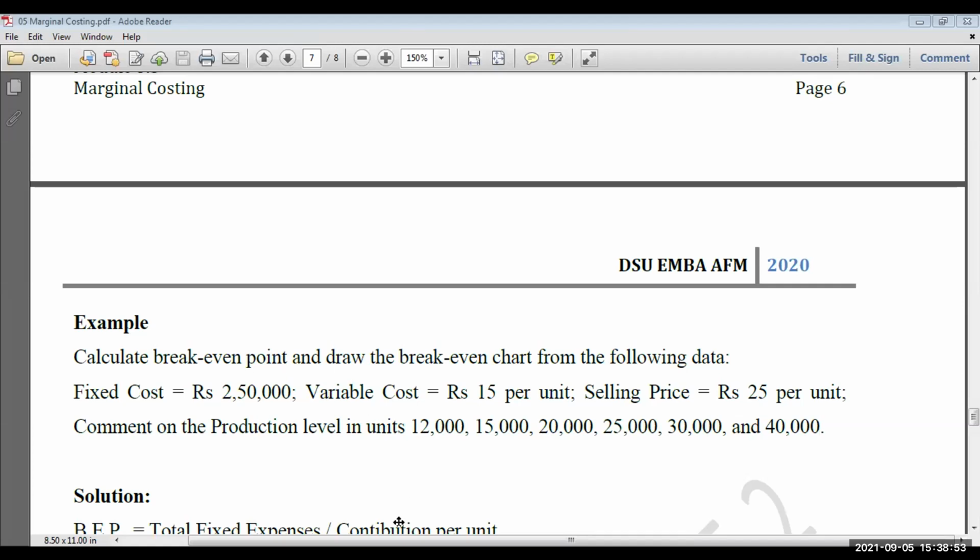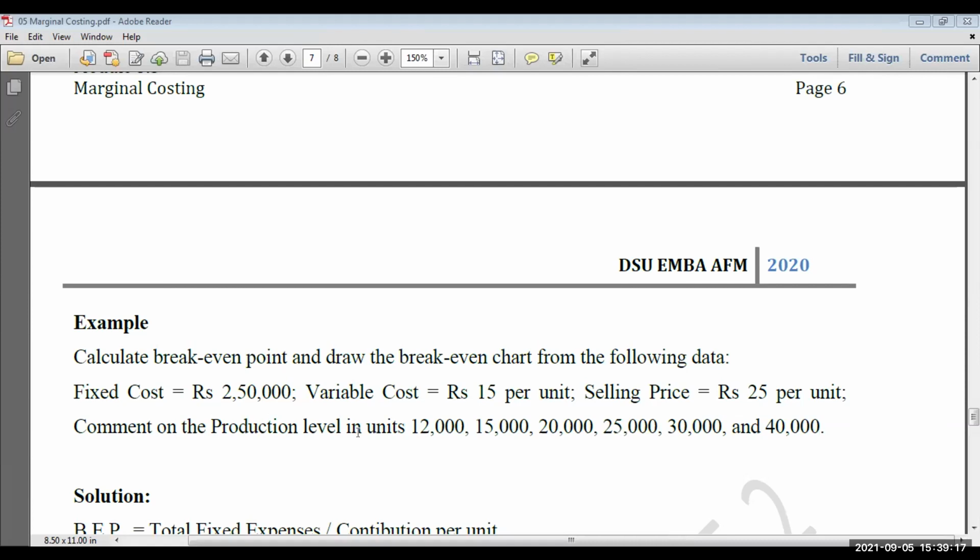Are you getting the data? I typed it in the chat box also. Sir, 10,000 units. If you sell 10,000 units, there will be no profit, no loss. That is right.